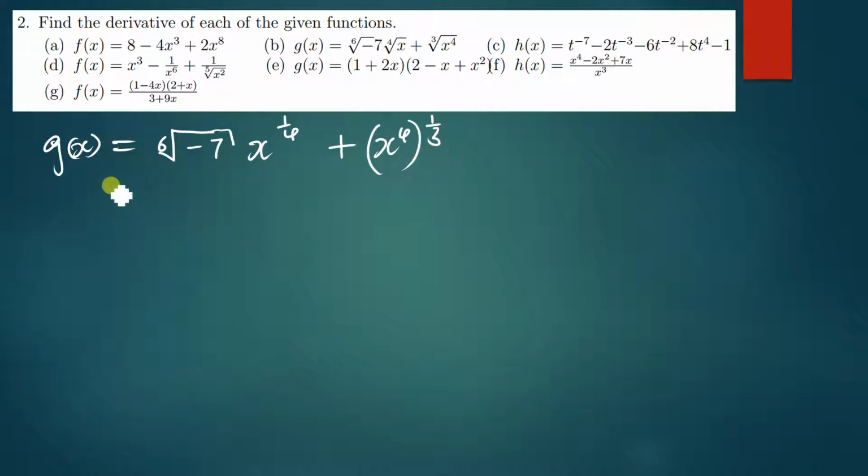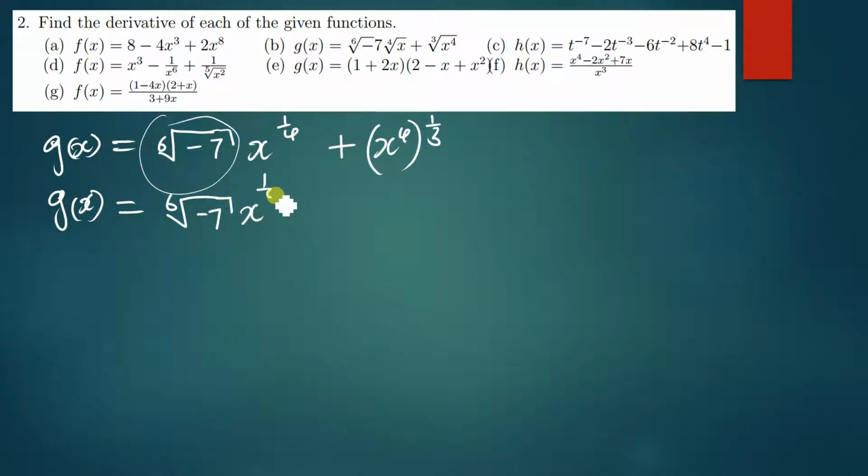So you have g of x is equal to, so this one is just a number, it shouldn't confuse you. So we have the 6th root of negative 7, and then we have x to the power 1 over 4, then we have plus x to the power 4 times 1 over 3, this is going to be 4 over 3.